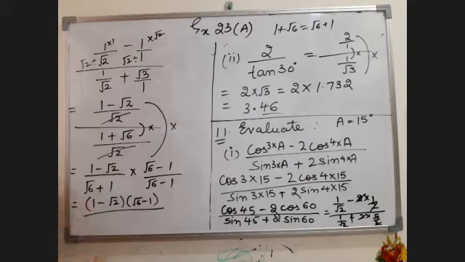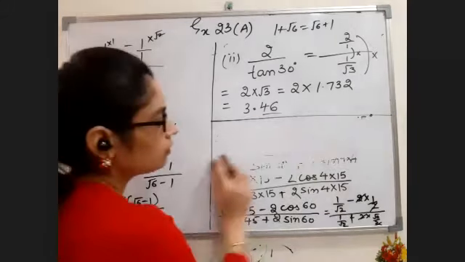So 1 minus root 2 into root 6 minus 1, and in the denominator I will get A plus B into A minus B, that is root 6 whole square minus 1 square. A square minus B square is equal to A plus B into A minus B. That identity only we have used.